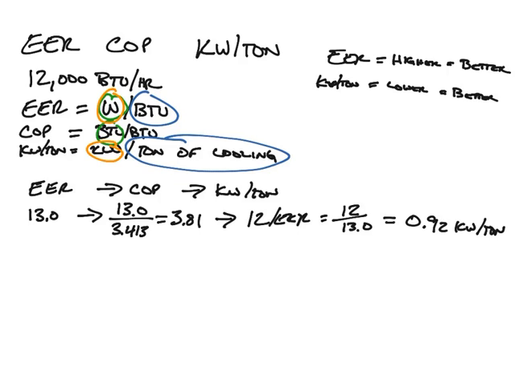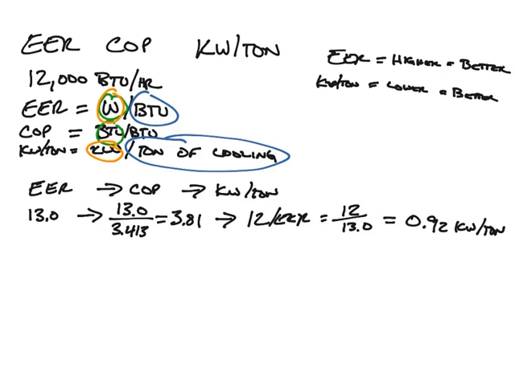So if you're converting 13 EER and instead of getting 0.92 you get 1.08, that means you inversed the 12 and 13, doing 13 divided by 12.